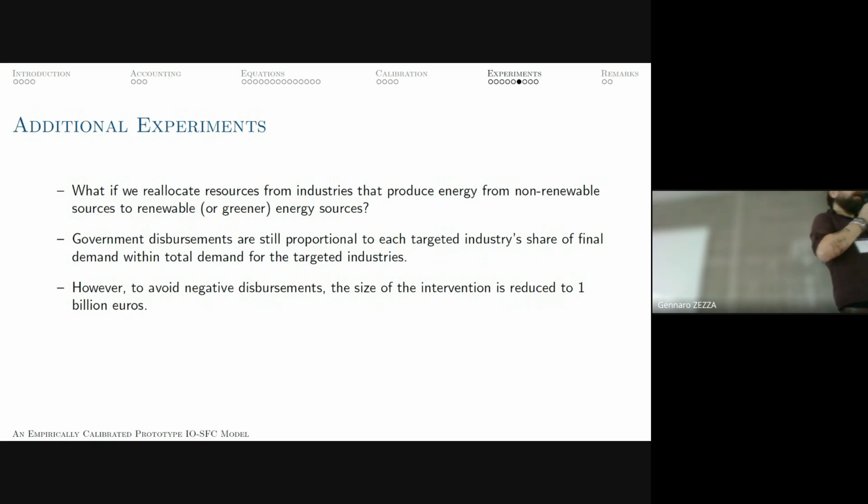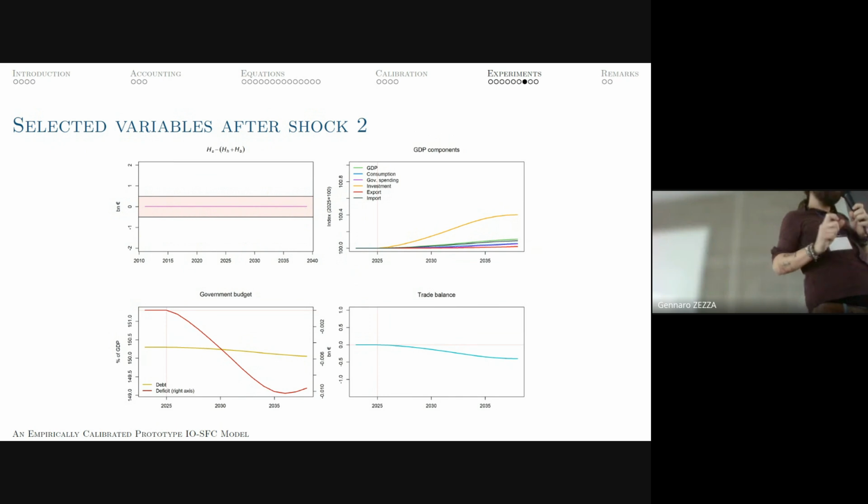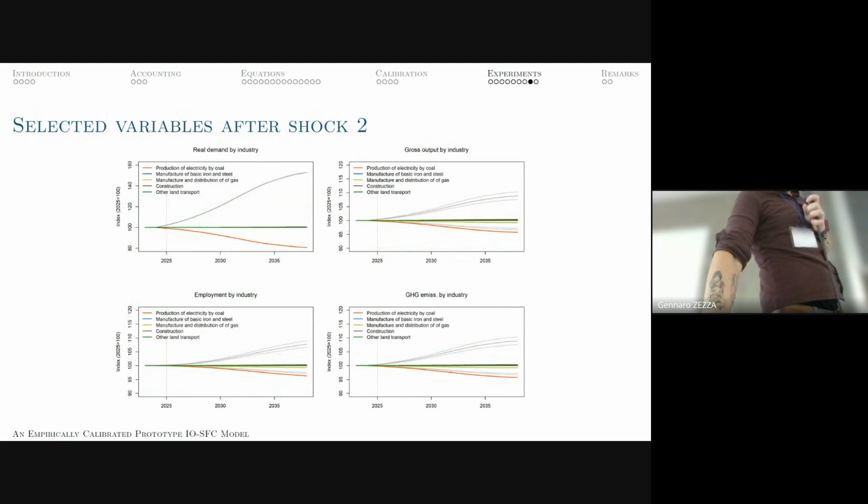There is no additional deficit for the government, because I'm taking money from some industries and using the same money to fund other industries. And what happens is that there is a small positive impact on the economy. The GDP is going up slightly. So this redistribution has a positive effect on the economy, however small.